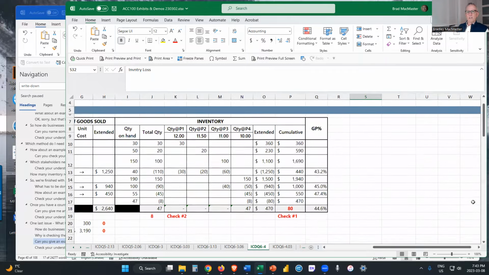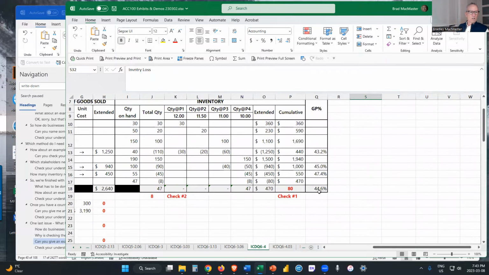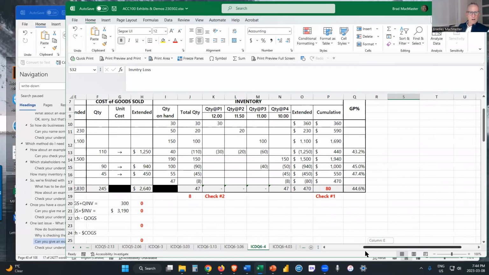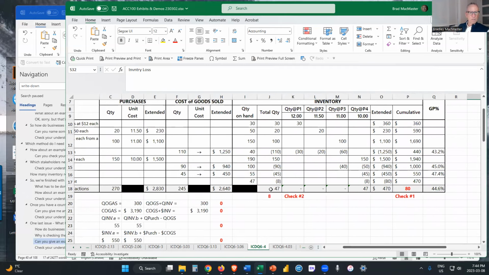The only reason this schedule is out of balance, $80, is because here, I reconciled this amount by comparing the quantity on hand to the opening inventory. If I just show you the formula here, it's the opening inventory plus the purchases quantity minus the cost of goods sold quantity.